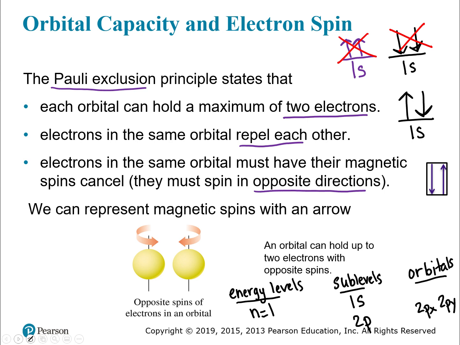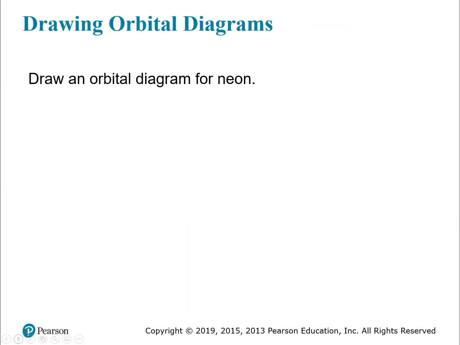We're going to press on just a little bit because it may help clear some things up. So we're building all this information to be able to draw orbital diagrams and write electron configurations. And that will give more detail about where the electrons are in an atom.